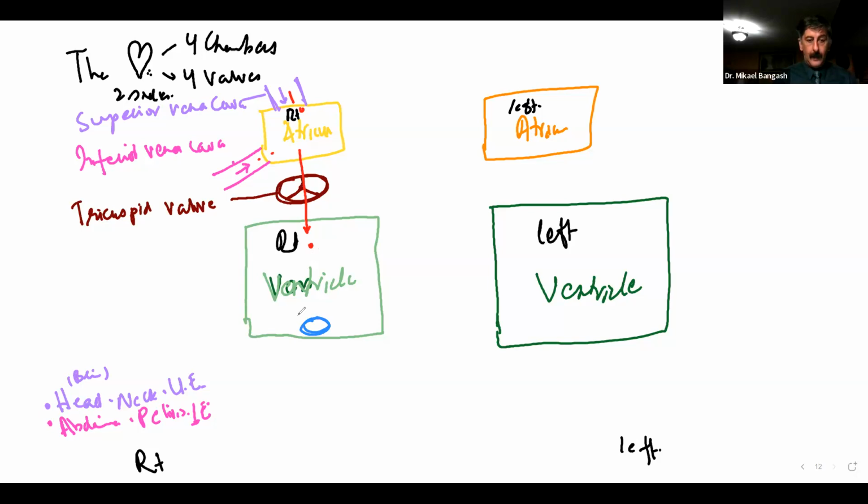And this valve here is going to lead into a blood vessel here. But this valve here is going to be called the pulmonary valve.